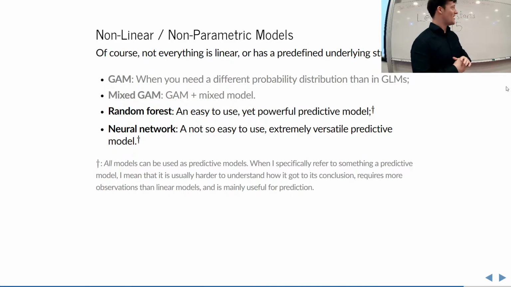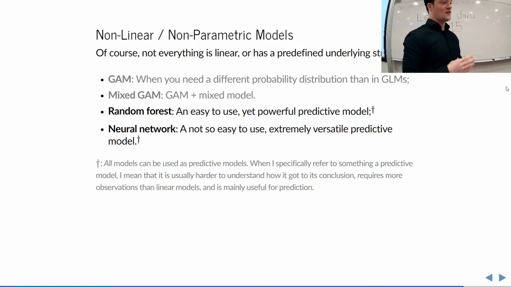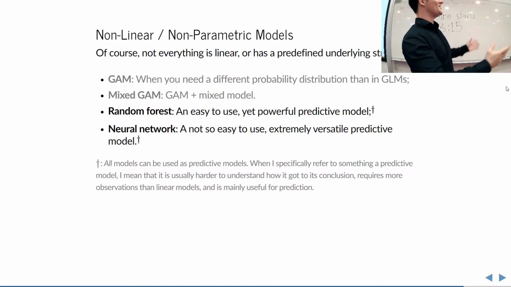A generalized additive model is a large sum of the same model again and again, and tries to find different combinations to get to its conclusion, and it allows for many more distributions than the ones I just talked about. So it's very useful, but not part of the course. That one is non-parametric. It has no pre-specified form. That's what non-parametric means.